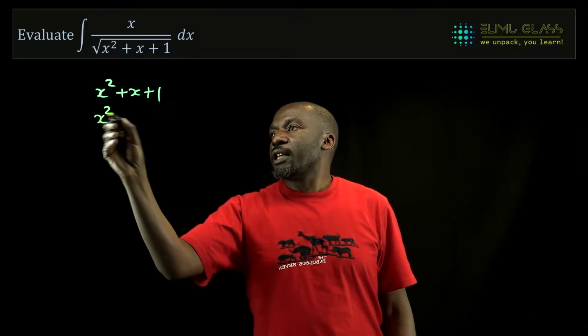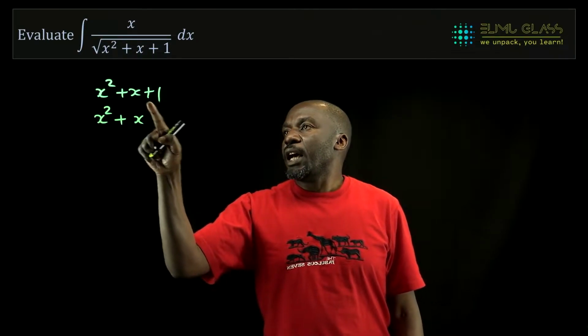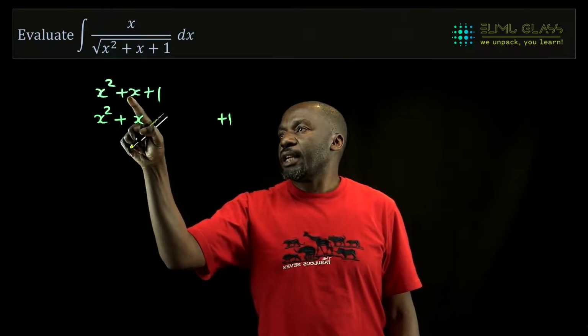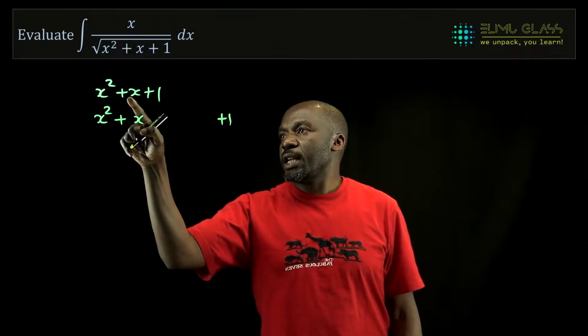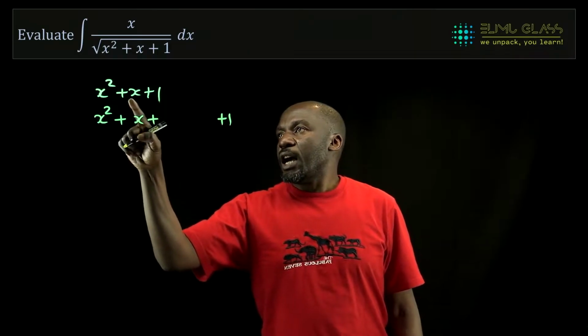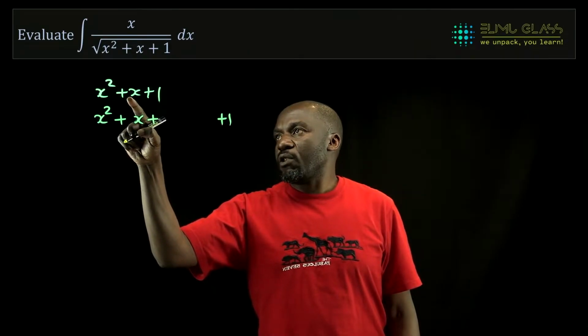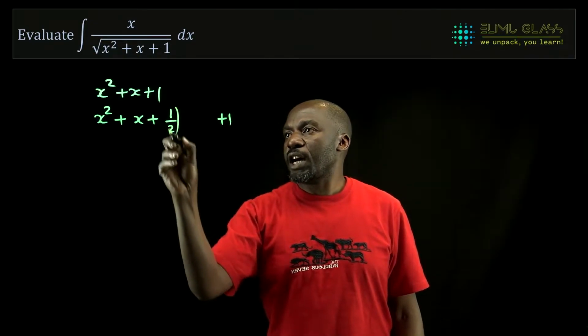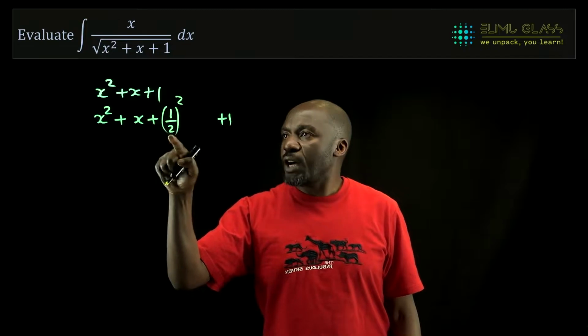So I'll write this as x squared plus x, and I will put plus 1 at the end. But in between, I'll add a half of the coefficient of b, squared. The coefficient of b is 1. So I take that 1, halve it, and square. So I'm going to add that.